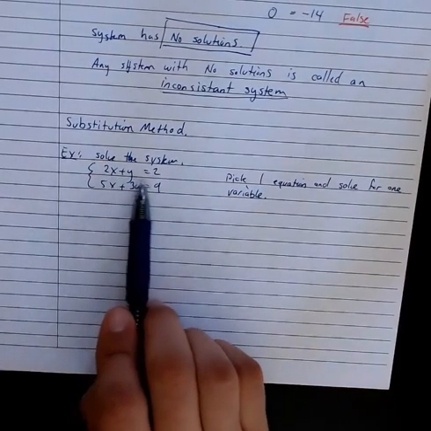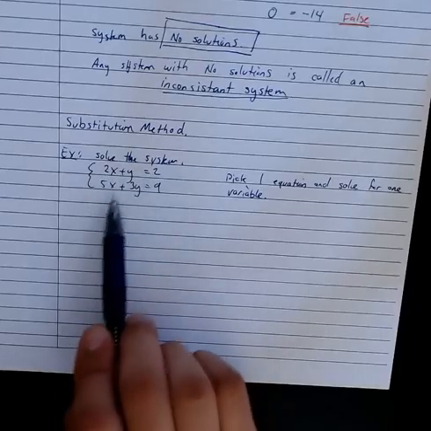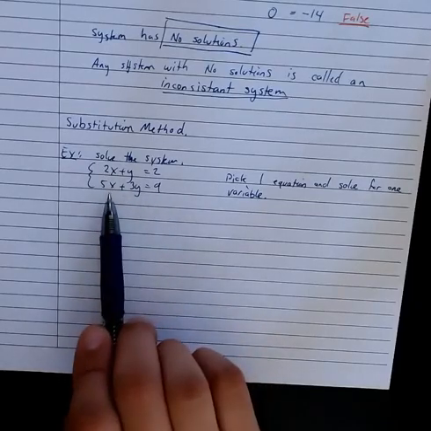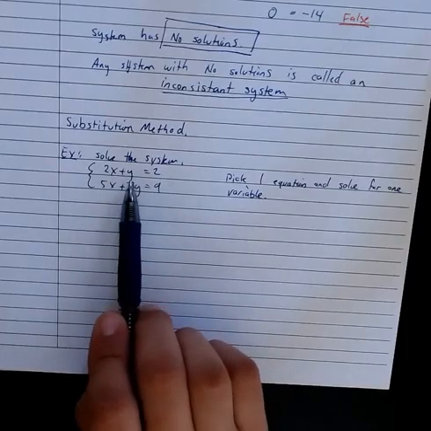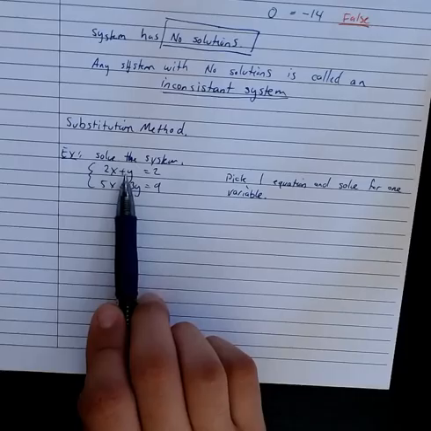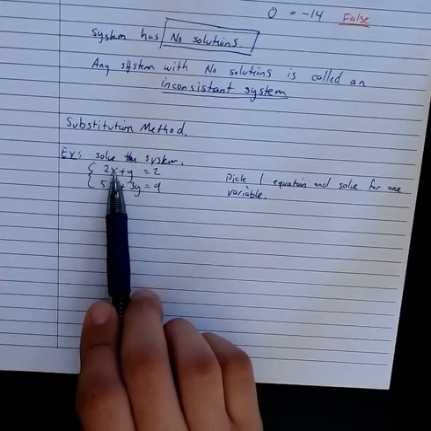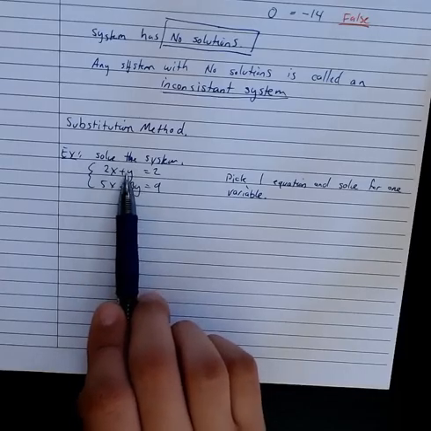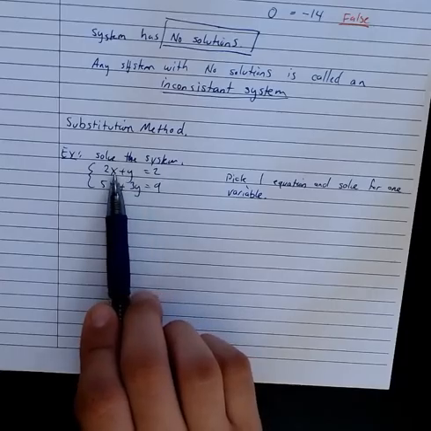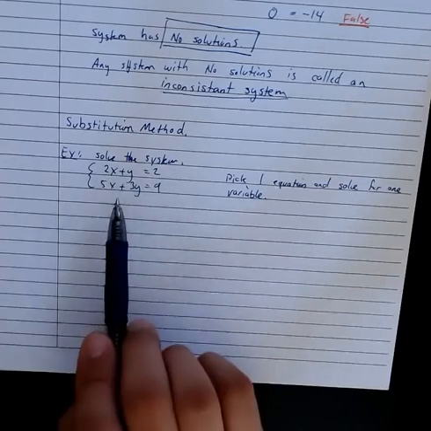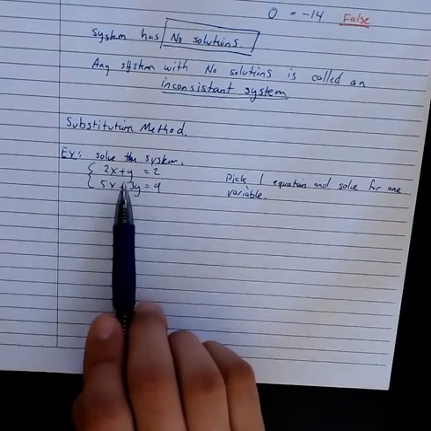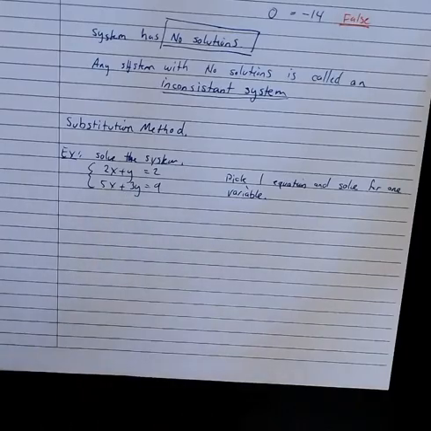If this equation has small, simple numbers, and this equation has big, complicated numbers, relatively speaking anyway, you want to go with this one. And if this equation can be solved for x or for y, well look, y is almost by itself already. I just have to get rid of that 2x. Whereas here, if I wanted to solve for x, I'd have to subtract y and then divide by 2. So be nice to yourself. Pick whichever one requires the least amount of work.